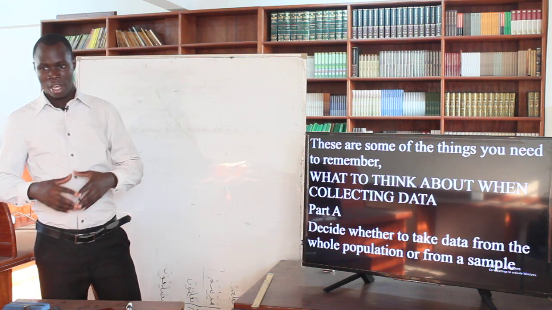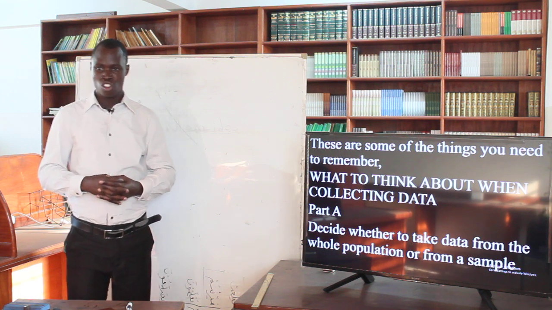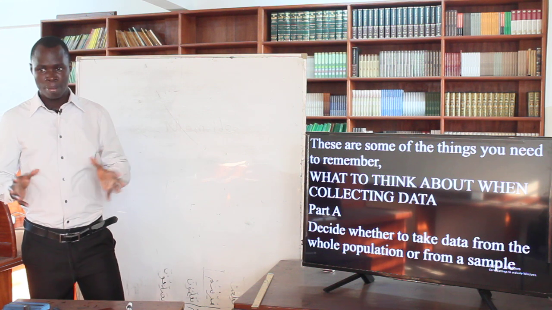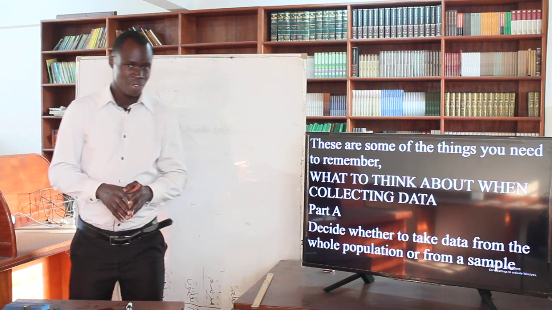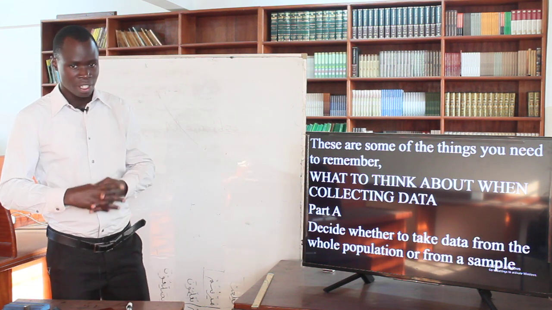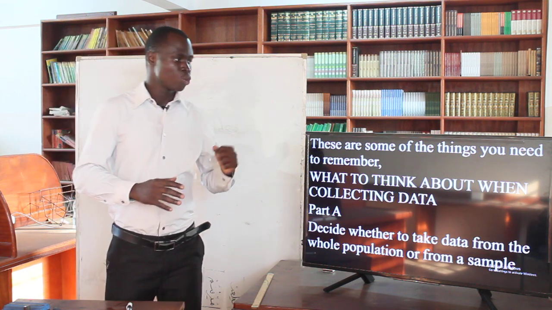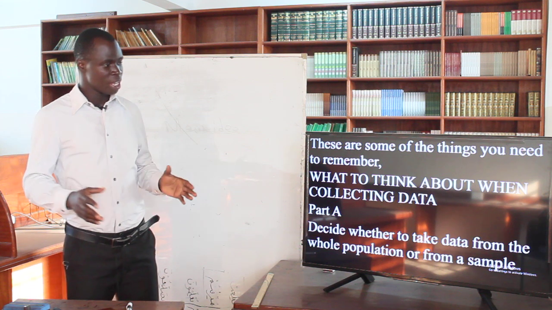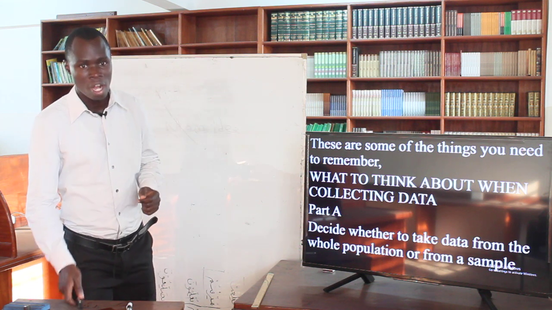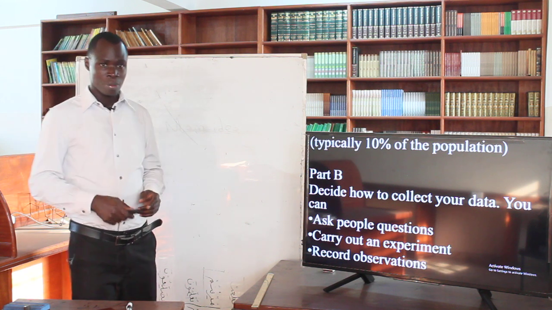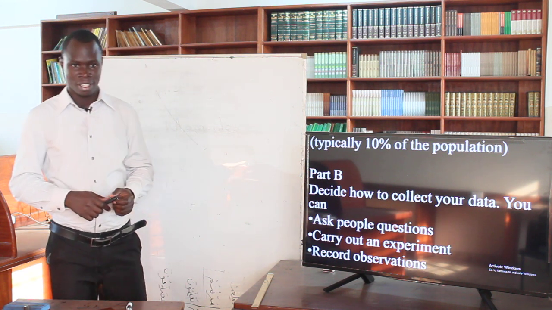However, you can decide to use what we call sampling. In sampling, you simply have a target, and the recommended target in this case is 10%. You just have a target, what you really want, then from there you work with the data you have been given.